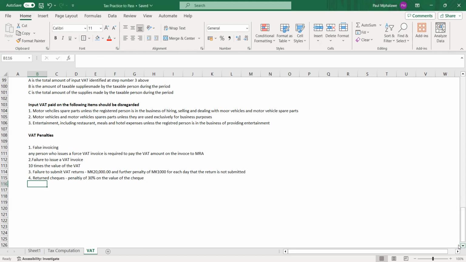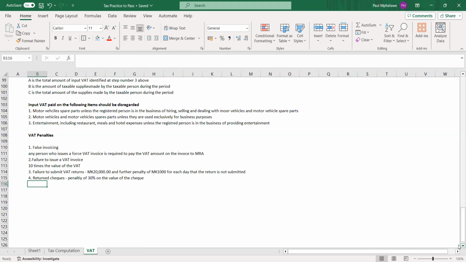So the other offenses. Section 45, subsection 1, states that persons who fail to apply for registration as required by section 11, or notify the Commissioner General of a change in business as required under section 13, or to apply for cancellation of registration as required by section 14, commit an offense.